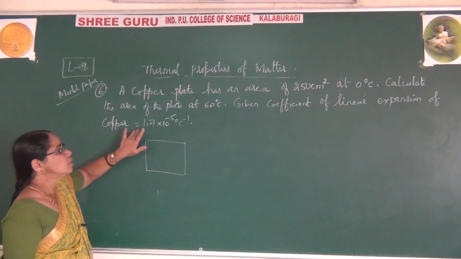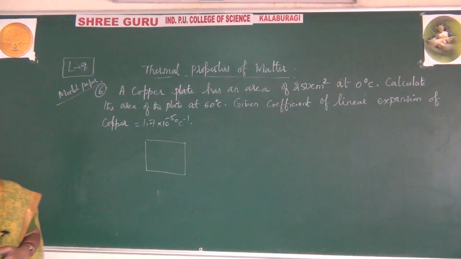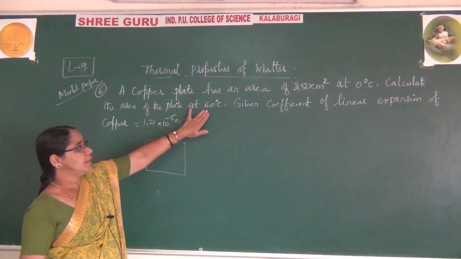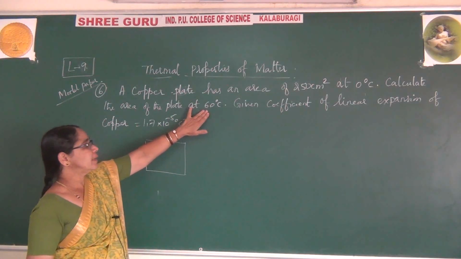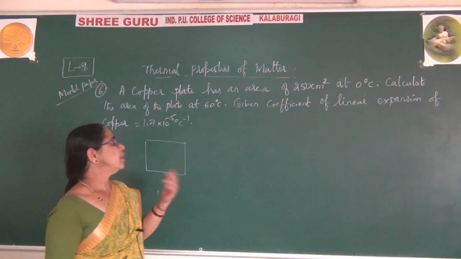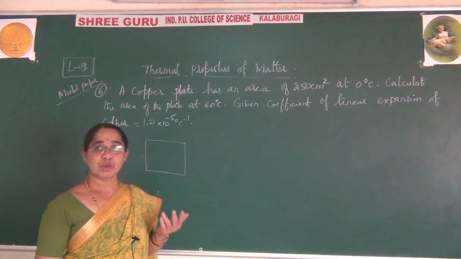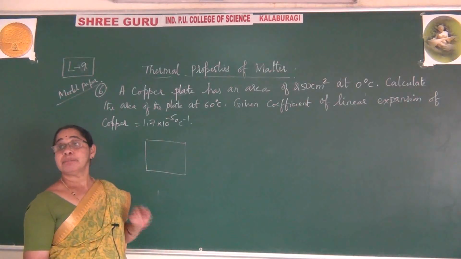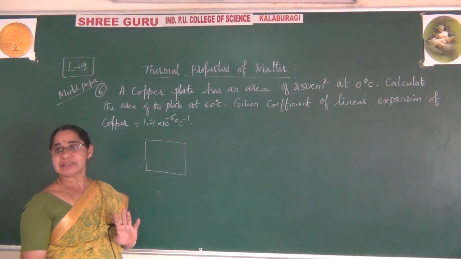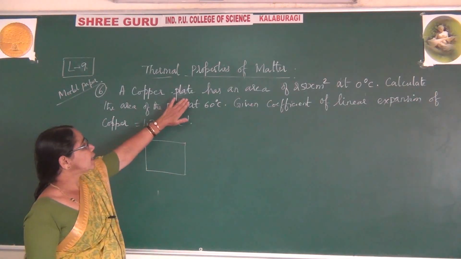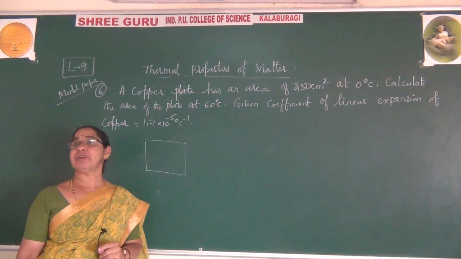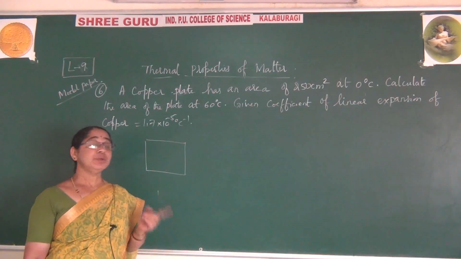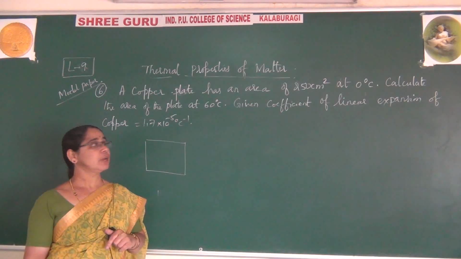So in this problem you have to calculate the new area at this temperature. You already know, when you heat this, expansion takes place. So the new area is what you have to calculate. But in this there is a slight change. They have asked to calculate area, but they have given the coefficient of linear expansion. So you have to calculate beta using alpha. I think you are following what I say.